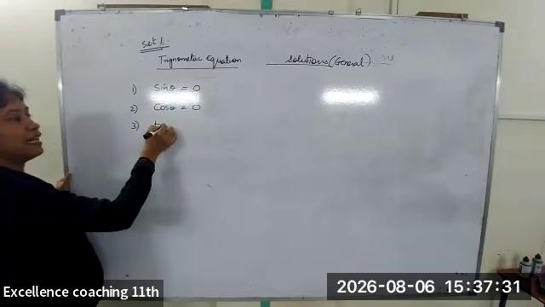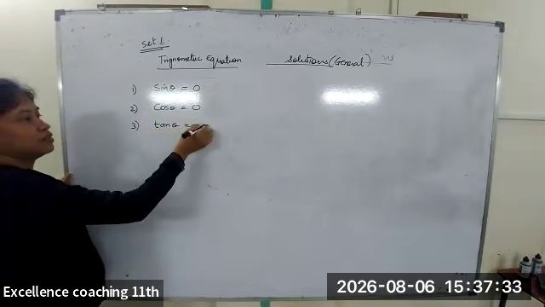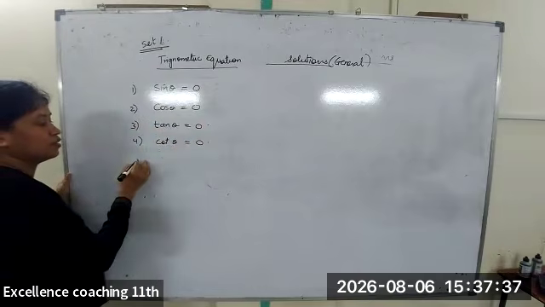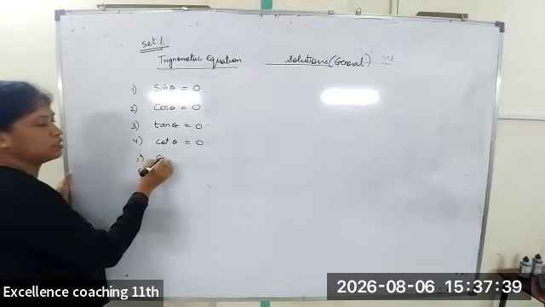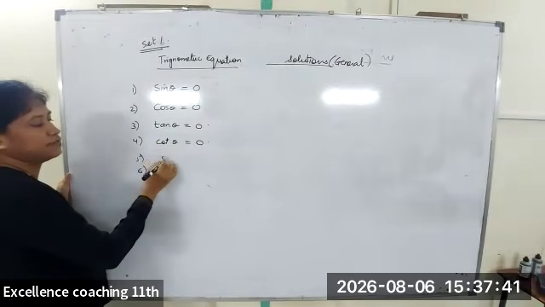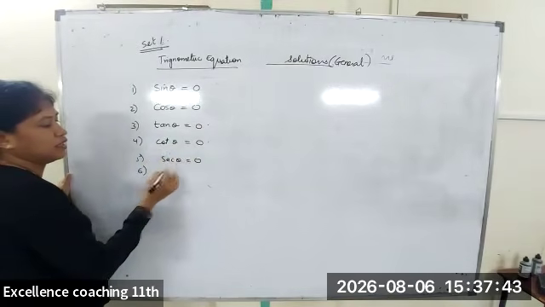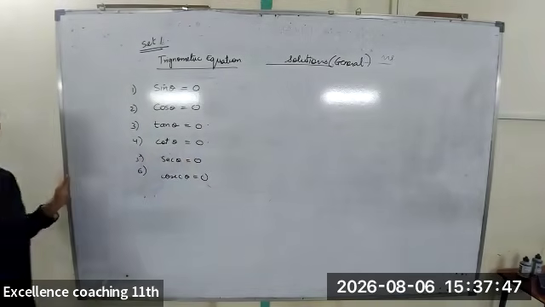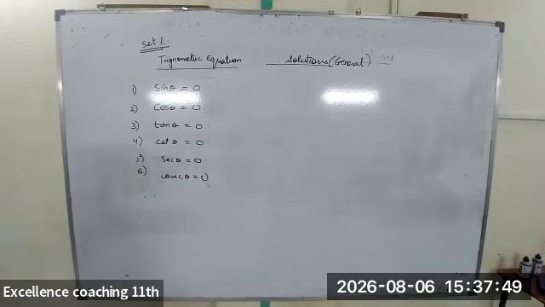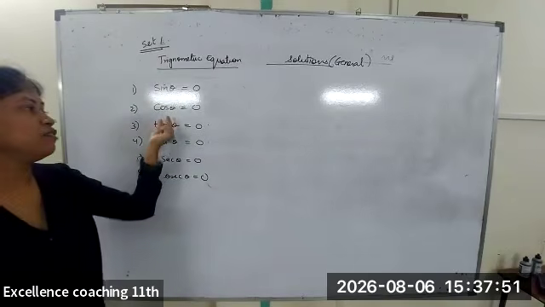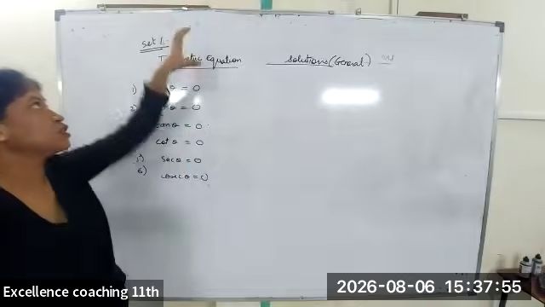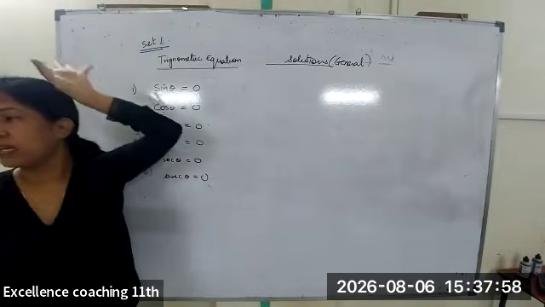Third, tan theta equals 0. Fourth, cot theta equals 0. Fifth and sixth, sec theta and cosec theta. So these are all the 6 trigonometric functions where an angle will be given and the right hand side will be 0. If the right hand side is 0, then it belongs to set number 1 type.